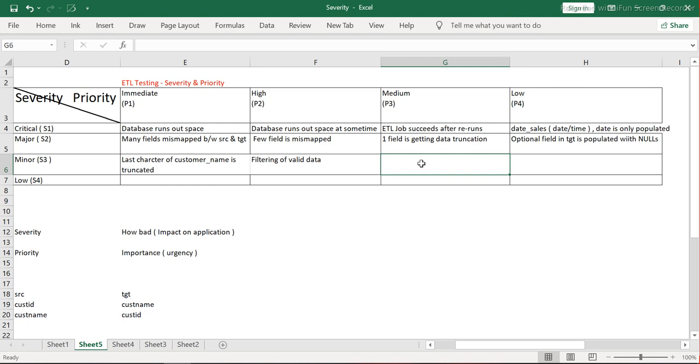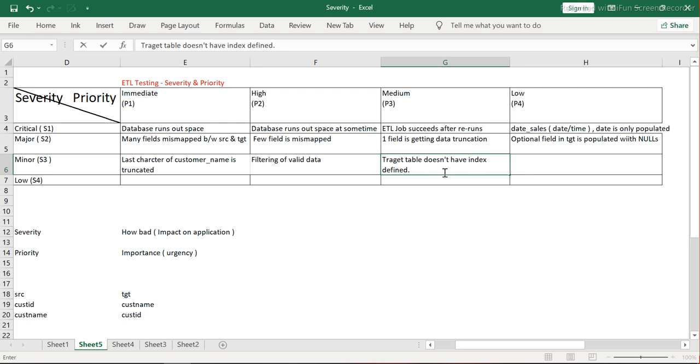Now, minor and medium. This is something we can live with. It's not too much of a problem, because this is minor severity and medium priority. Let's say your target table doesn't have an index defined. What an index does is help you query the table, because index-based searching is very fast, guys.